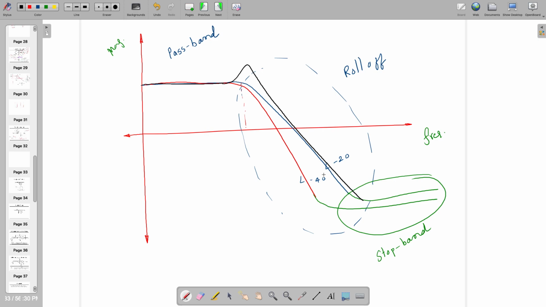It might be different, or it might be like this also. So the roll off will change if your poles and zeros are not kept at the position where you want. First thing is, if it is a second order system and those poles and zeros are complex and conjugate.